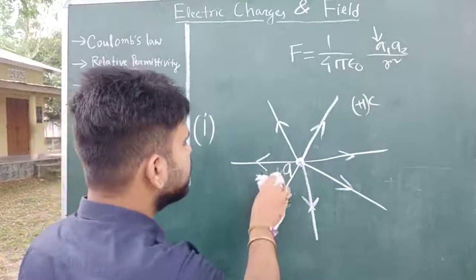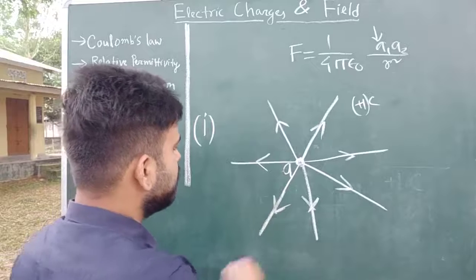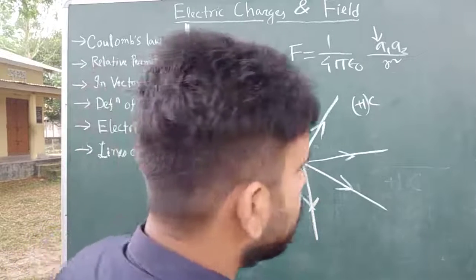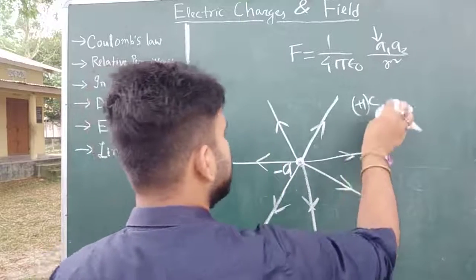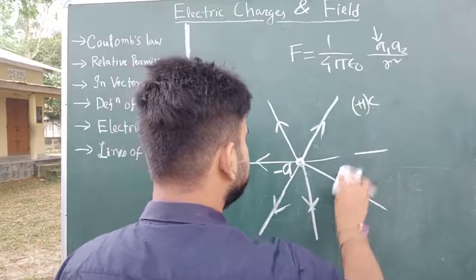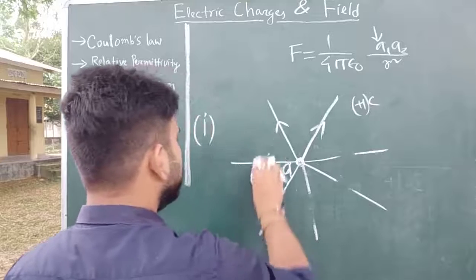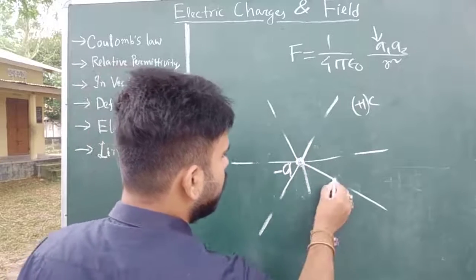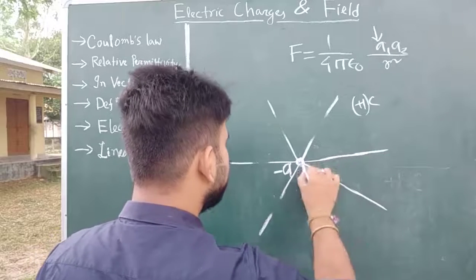So now if we consider a negative charge, then what will be the direction of the electric field?